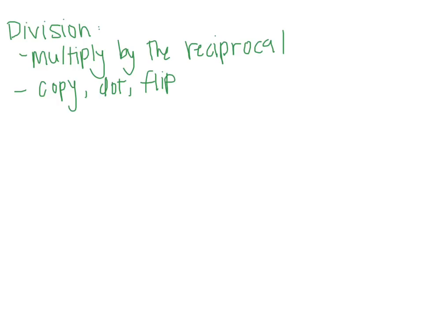So let's say our example is 1/3 divided by 3/8. When I say multiply by the reciprocal, what I mean is that I need to take this number, and instead of division, I'm going to multiply it by this one flipped, not fractioned.